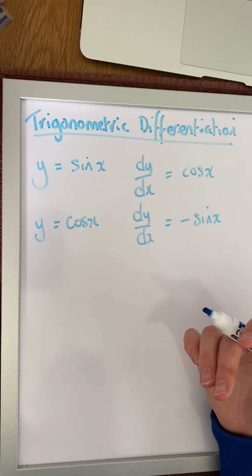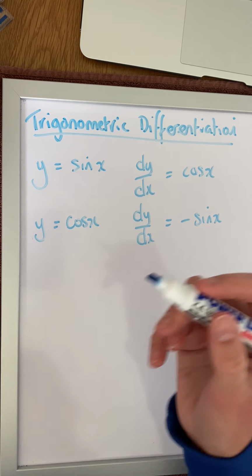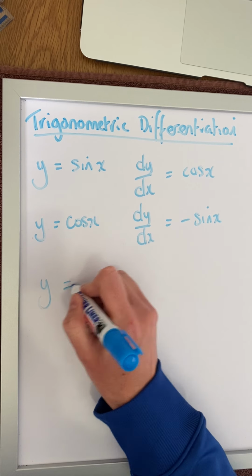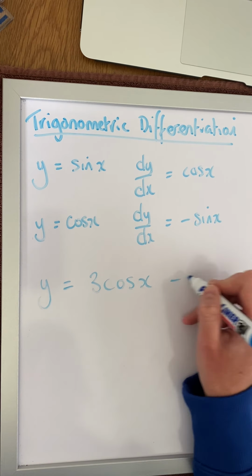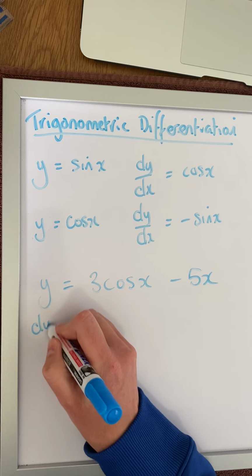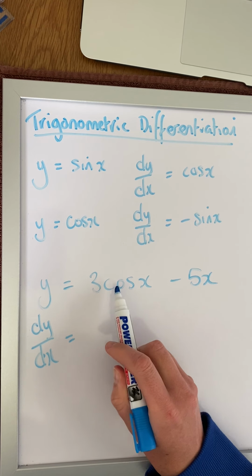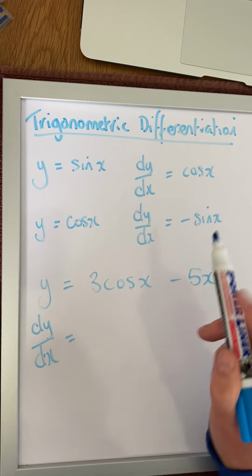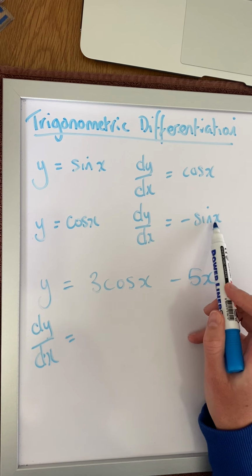So where we have to introduce the chain rule, product rule, quotient rule, for example. So if we look at, for example, y is equal to 3 cos x minus 5x. When we're looking at dy/dx, the cos x is the trigonometric part of the function here. And we know that when y is equal to cos x, the derivative is minus sine x.